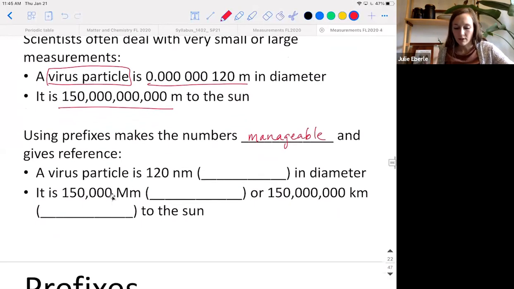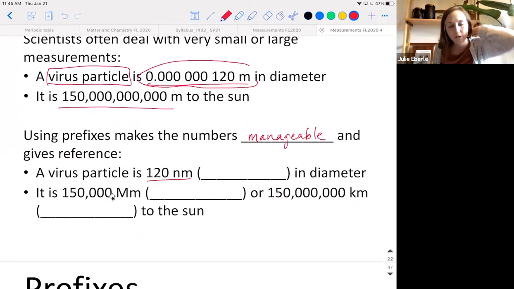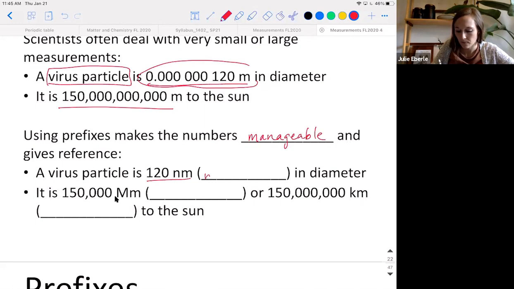So, for example, instead of saying a virus is this many meters, we could say it's 120 nm. Does anybody know what N stands for? Yes, Bianca says, Keyshawn says nano. Okay, nano is really small. Or we could take the second number, 150 trillion meters, and we can say instead 150,000 capital M megameters.